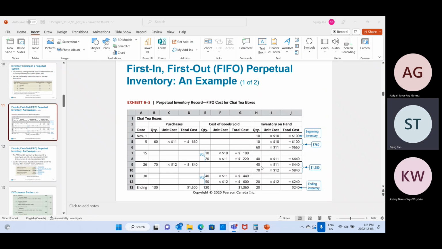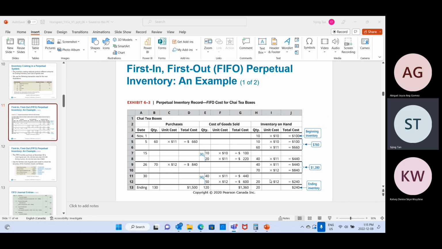So the first 40 boxes coming from the 60 boxes we purchased on November the 5th, we're going to sell first. Okay, so we use 40 times $11, which is 440. Then another 50 boxes coming from the second purchase of 70 boxes. Okay, so we use 50 times $12, which equals 600.